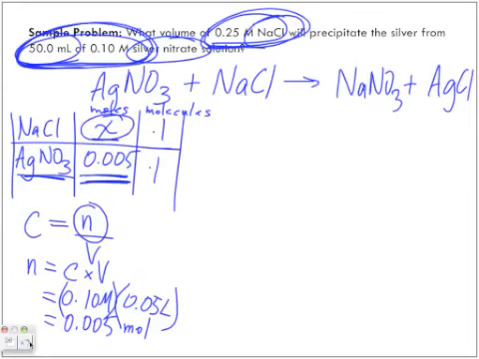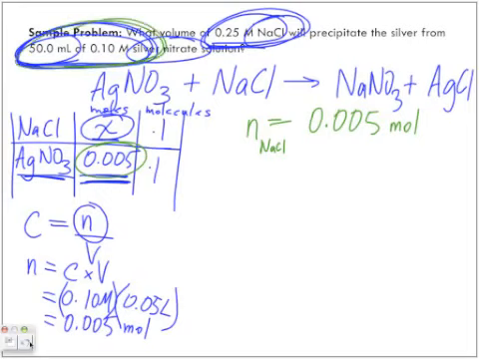So we have N of sodium chloride is also equal to 0.005 moles. So the number of moles of silver nitrate that are reacting in this equation is that amount based on this concentration over here.